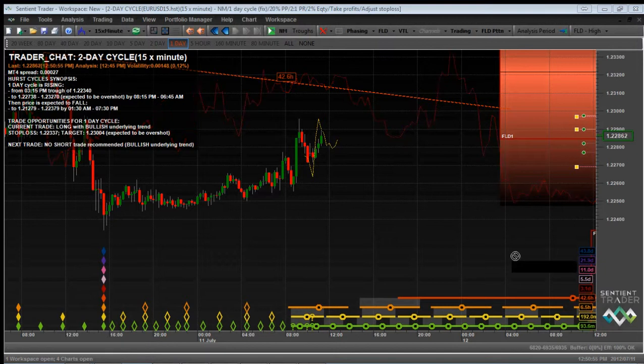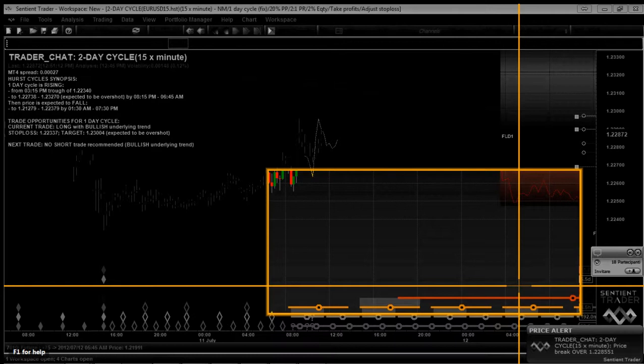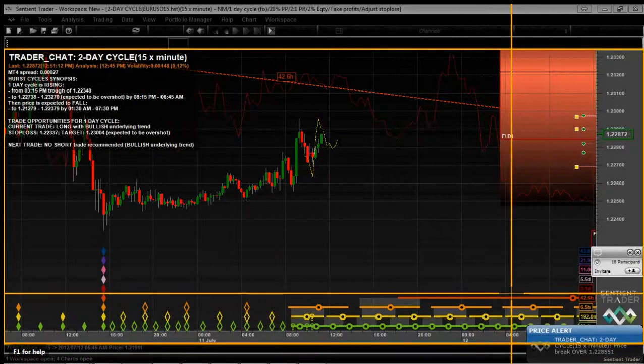Let me see if I can change that quickly, just as a matter of interest. Desktop and toolbar. I always hide a whole lot of things because I think they're unnecessary. Okay, well, I don't know if now you can see it. Perhaps you can, perhaps you can't.